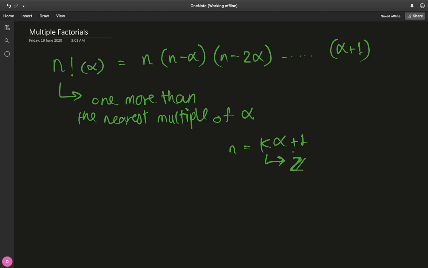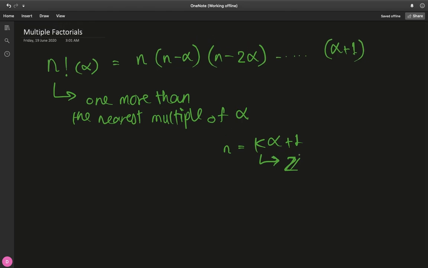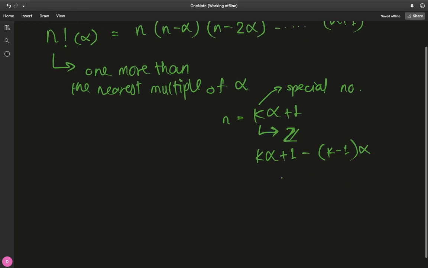So eventually, if you go reducing n by alphas as per this multiple factorial of alpha jumps, if you take this multiple factorial k minus 1 times, so you're going to subtract k minus 1 times alpha.